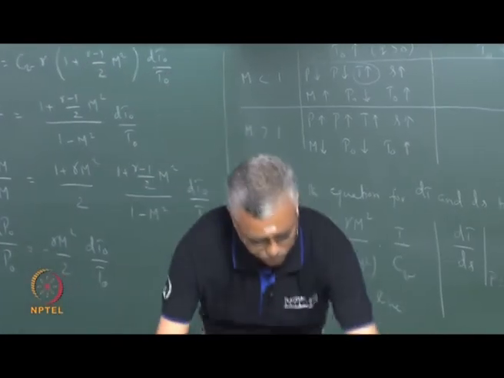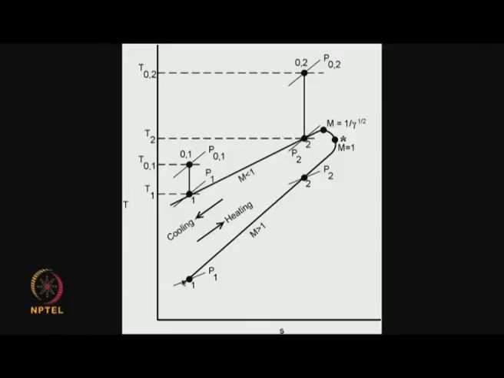If you look at the diagram, we are starting with state 1. Remember this is a supersonic state, which is why it is down here, and notice that the isobar is less steep than the Rayleigh line. The Rayleigh line is shown here using a thick black line, and the isobar, which is this one here, is less steep than the Rayleigh line. This is the supersonic branch. We keep moving like this, the slope is positive as we said earlier, and it is steeper than the isobar.